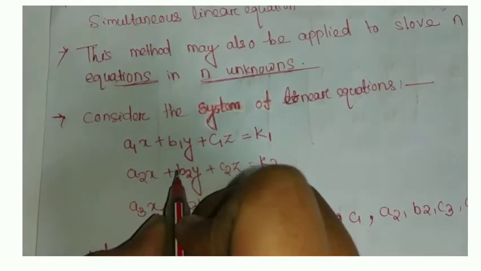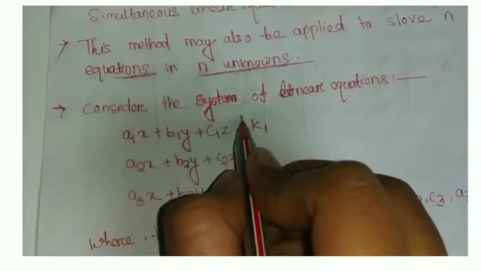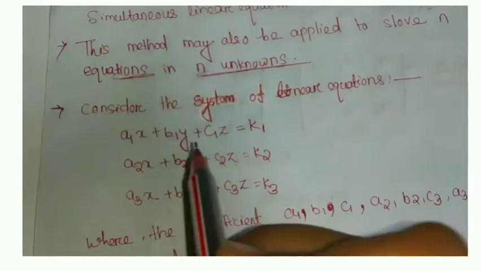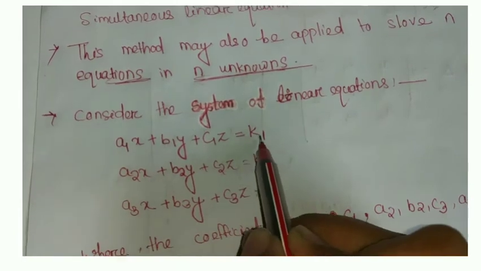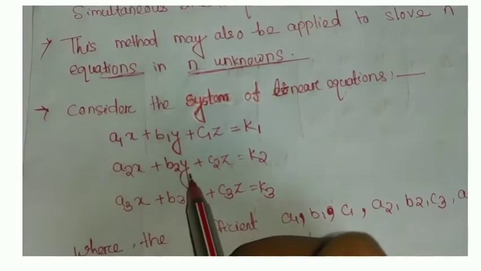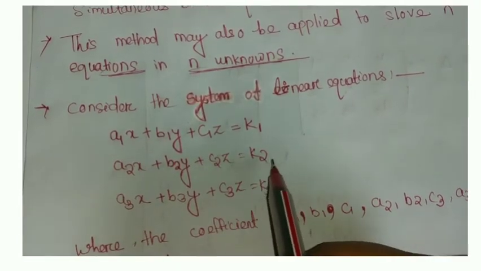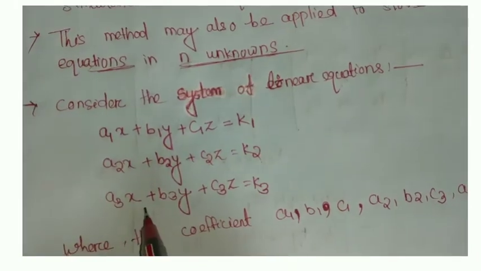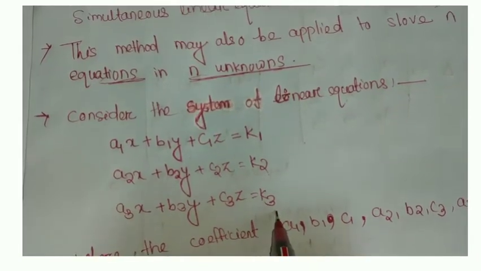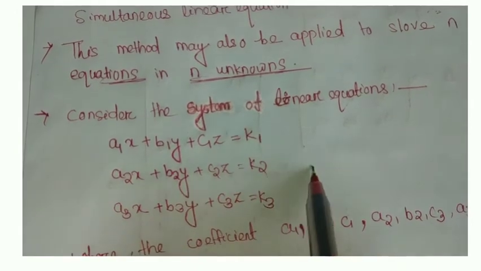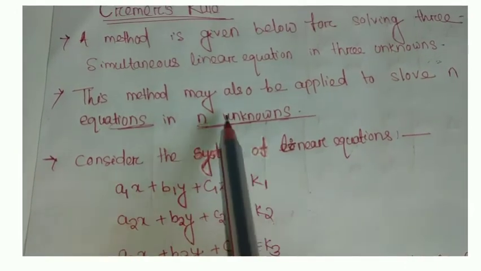Consider the system of linear equations a1x plus b1y plus c1z is equal to k1, a2x plus b2y plus c2z is equal to k2, and a3x plus b3y plus c3z is equal to k3. Here we solve these three linear equations by Cramer's rule.